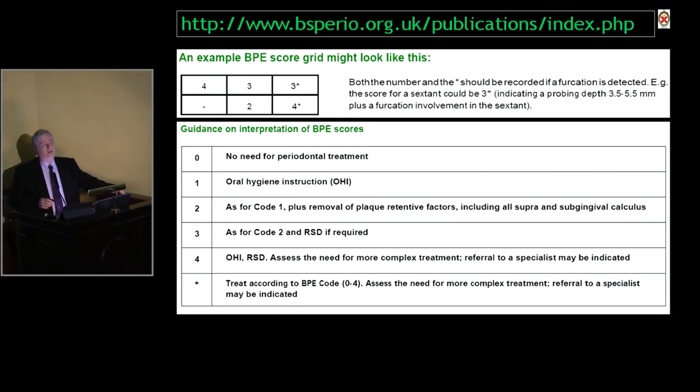This is an example of the BPE score. So in each sextant, you record a value as appropriate, and it also gives an indication in terms of the type of therapy that's appropriate to carry out in that sextant.